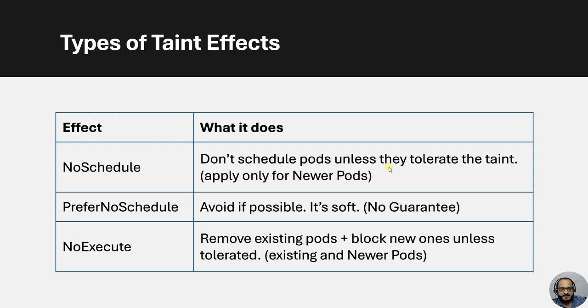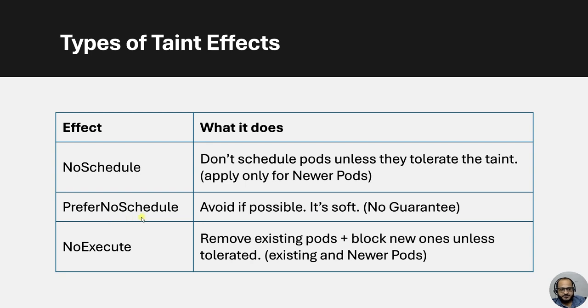If we have added a taint with the NoSchedule effect, and the application pod doesn't have the same toleration which we have assigned at the taint level, then your application pod will not be scheduled on that machine. If they find matching tags in both node and pod, then only your application pod can run on that particular worker node.